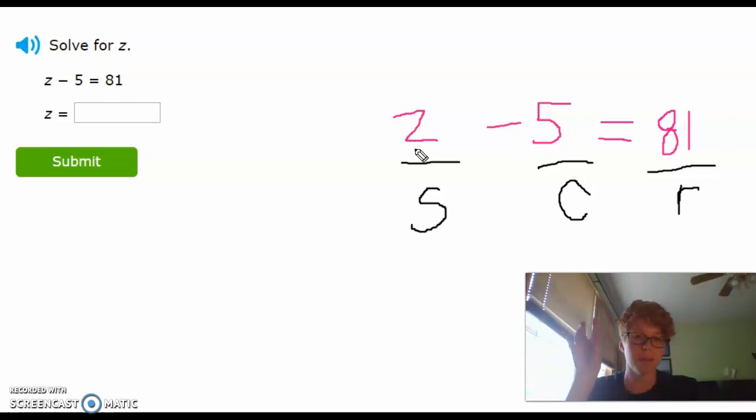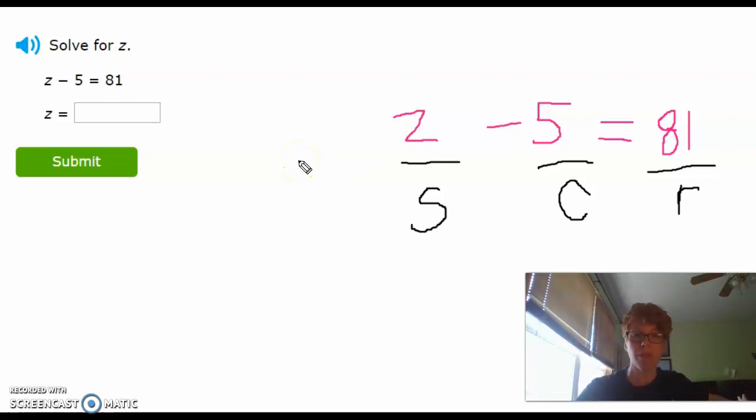So I have a number that I don't know what it is, but I know if I take 5 away from this number, I'll get 81. Well, what number can I take 5 away from and get 81? Or can I use the opposite of subtraction and add? Can I start at 81 and go up 5 to land on Z? Or whatever that number is, if you think about a number line.